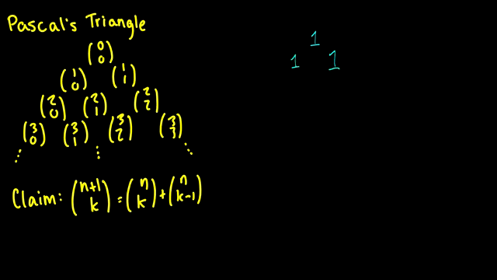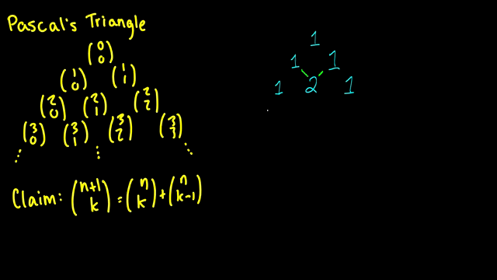1 choose 0 is 1, 1 choose 1 is 1. 2 choose 0 is 1. 2 choose 2 will be 1. Now what is 2 choose 1? Well, there's two ways to do that. And what's cool here is if we add the two upper diagonal entries together, we will get that result.